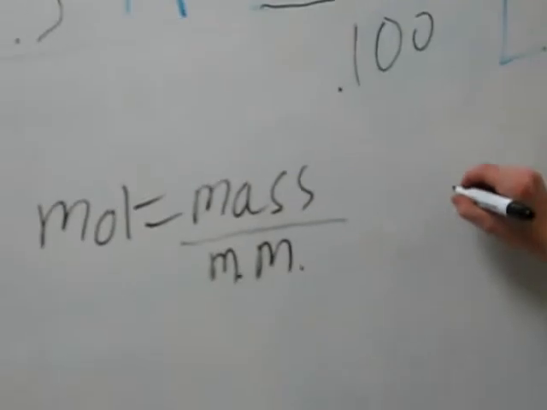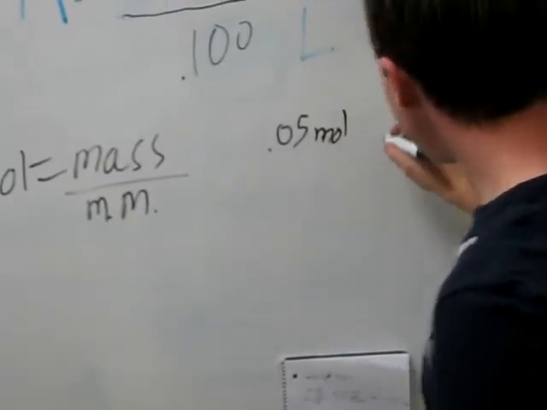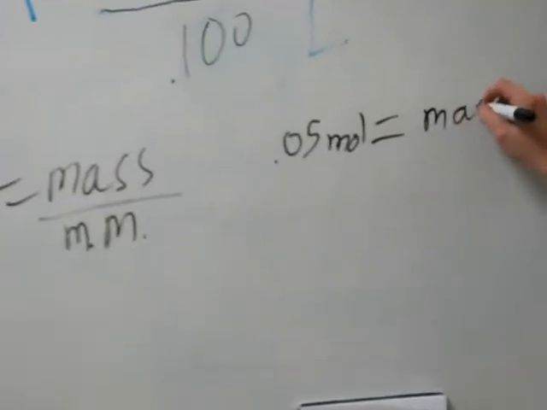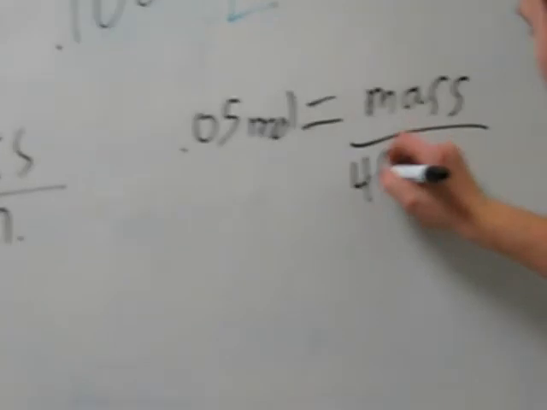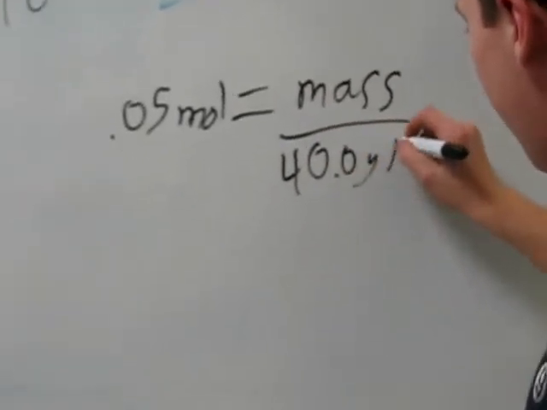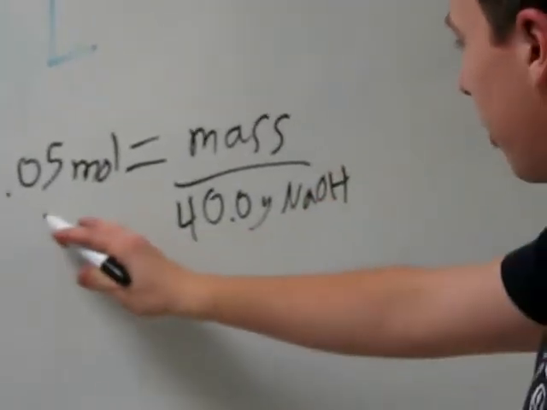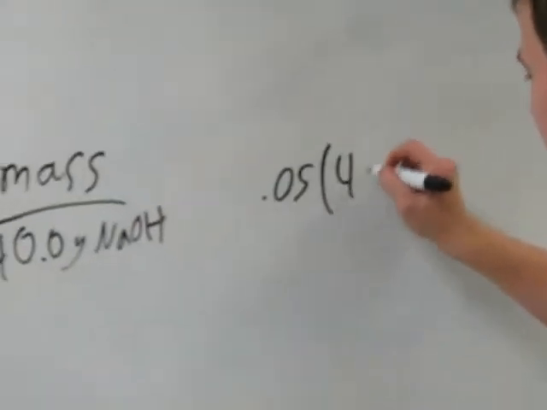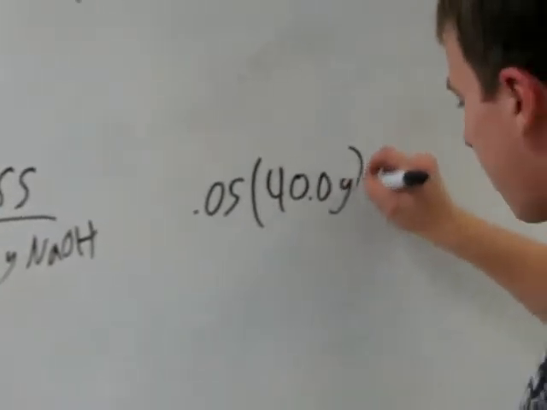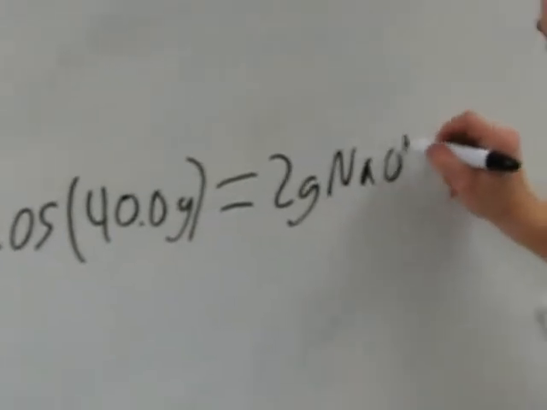Now we know the number of moles that we need is 0.05 moles, and that will equal mass, which will be our X value, over molar mass, which we know to be 40.0 grams NaOH. Now to solve for mass, we take 0.05 and multiply it by 40, which is equal to 2 grams NaOH.